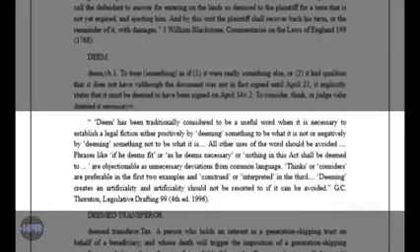Deem has been traditionally considered to be a useful word when it is necessary to establish a legal fiction, either positively by deeming something to be what it is not, or negatively by deeming something not to be what it is. All other uses of the word should be avoided. Phrases like 'if he deems fit,' or 'as he deems necessary,' or 'nothing in this act shall be deemed to,' are objectionable as unnecessary deviations from common language.